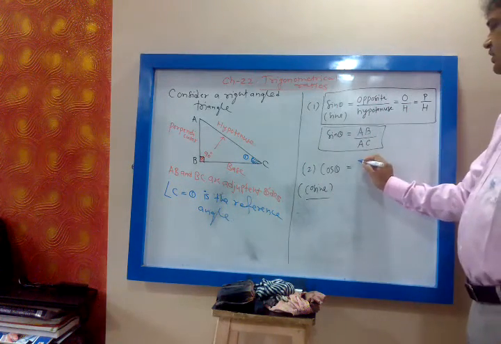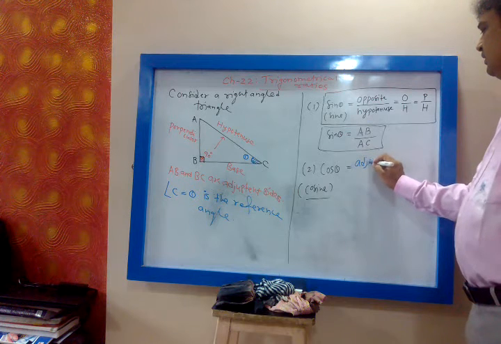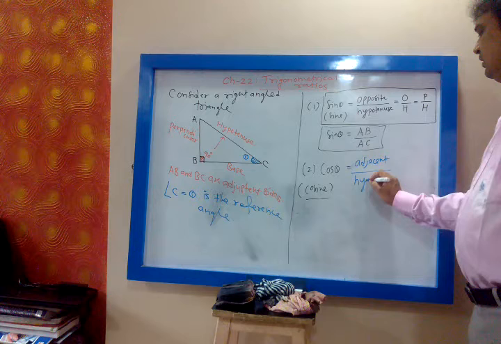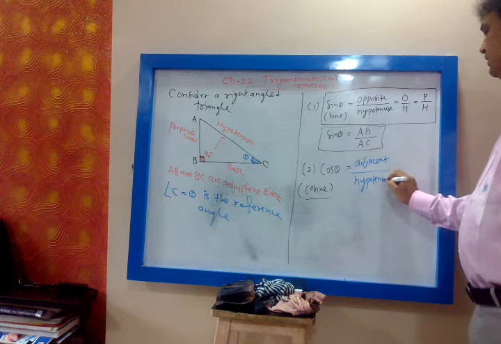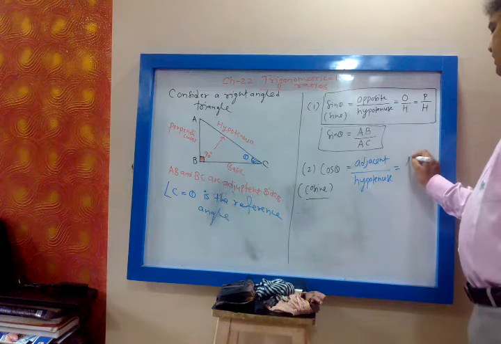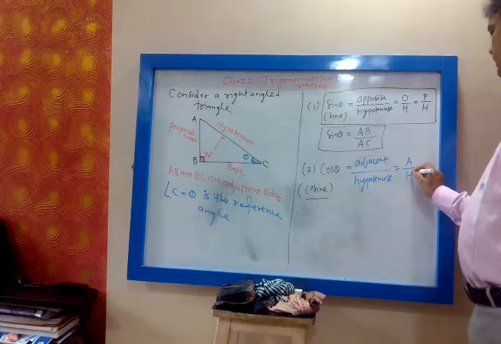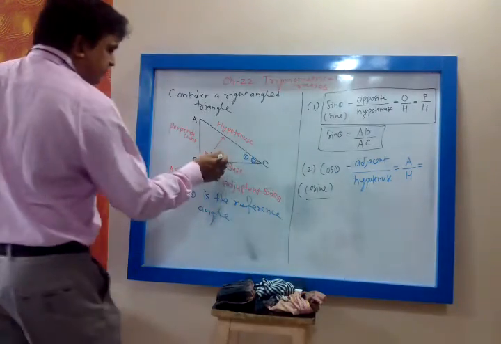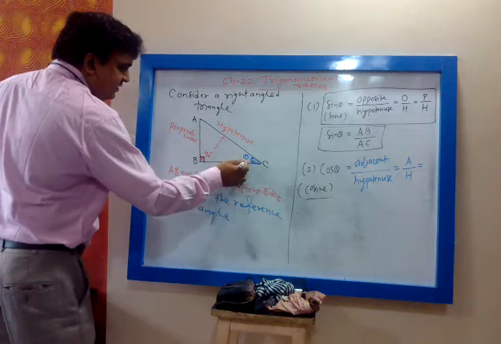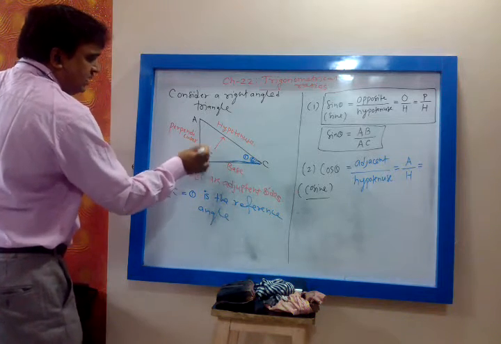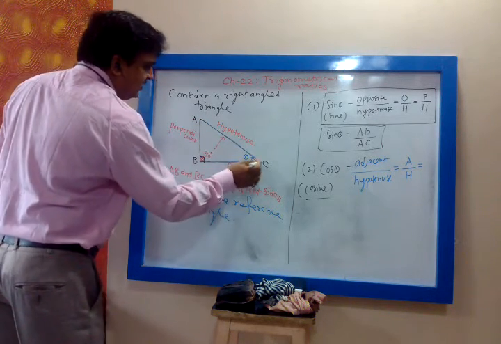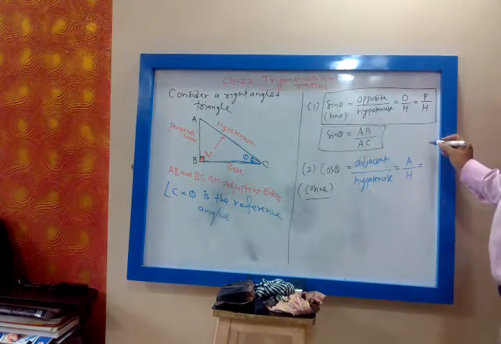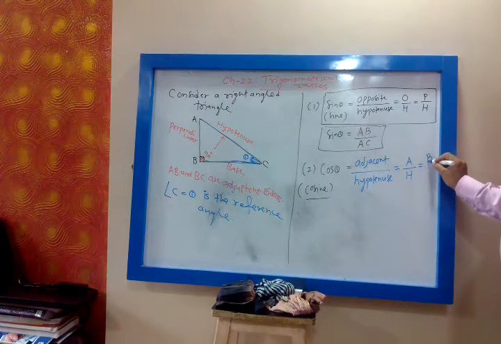When you find cosine theta, it is adjacent upon hypotenuse, which is the same as base upon hypotenuse.